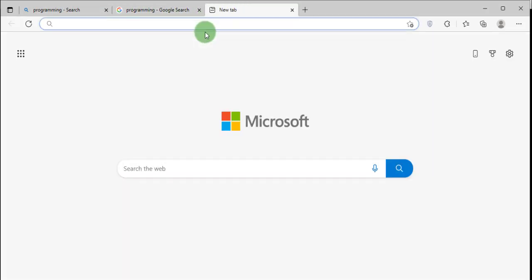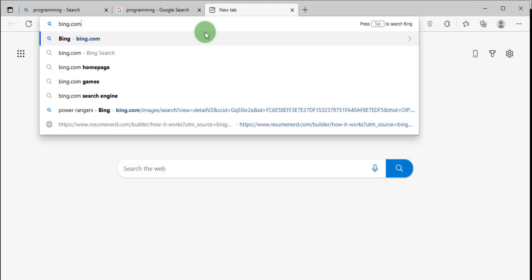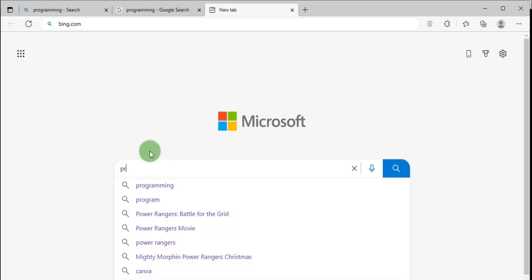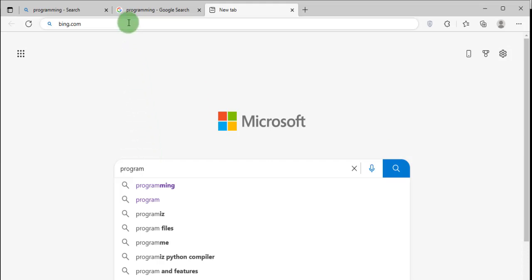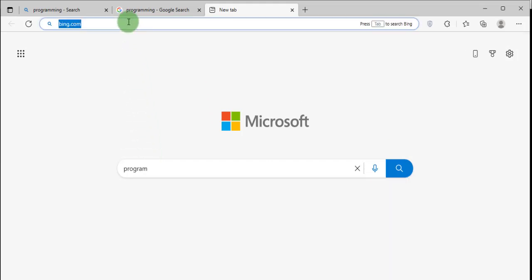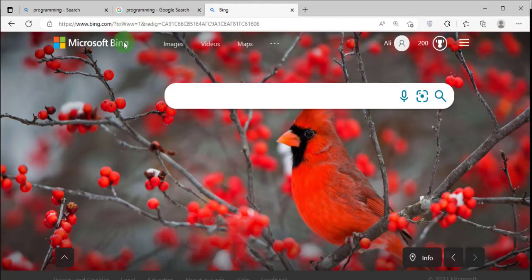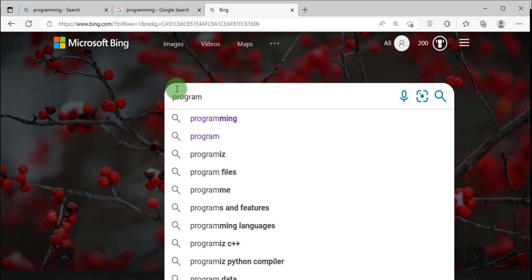So let's go to Bing.com, I think. It has the built-in Microsoft Bing here as well. If you are using a different browser, just type it in your browser and you are directed to this Microsoft Bing website.